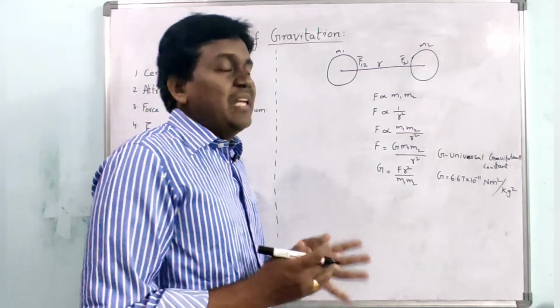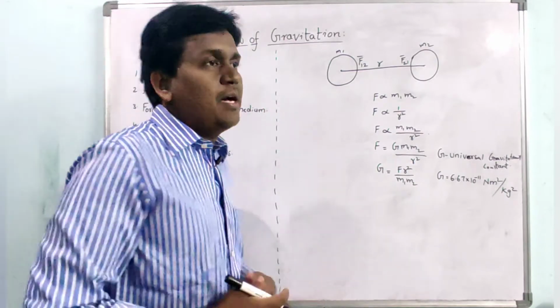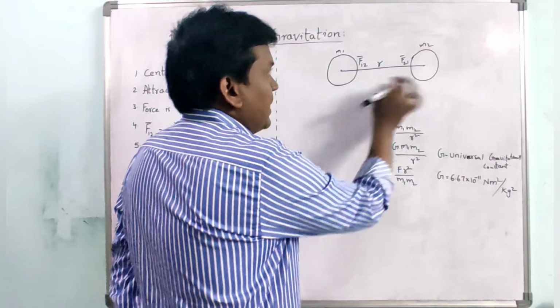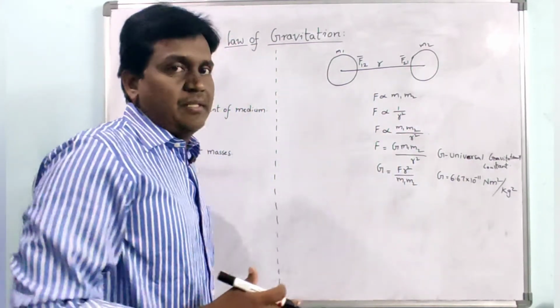Now let us give a definition for Newton's law of gravitation. There are two masses, and there is a force between the two masses.